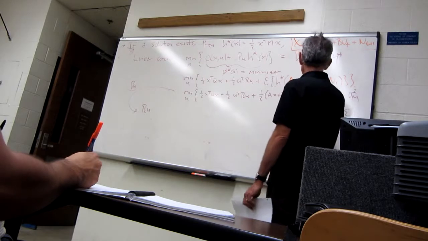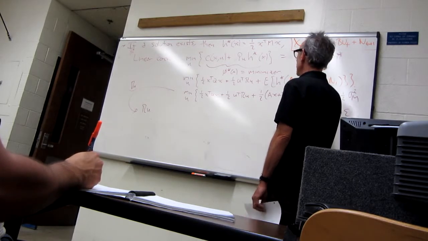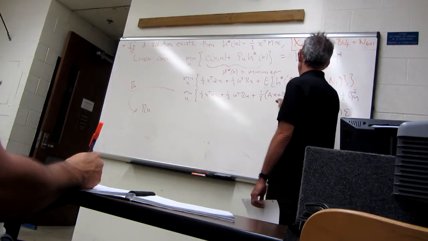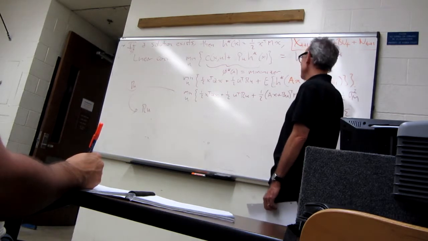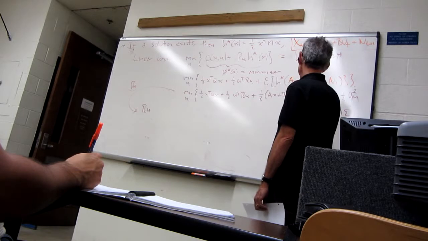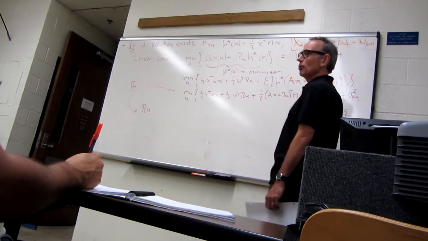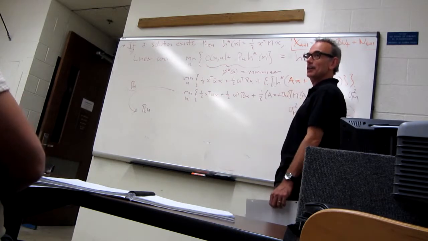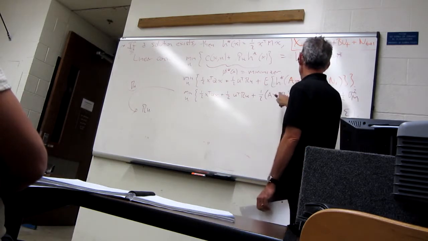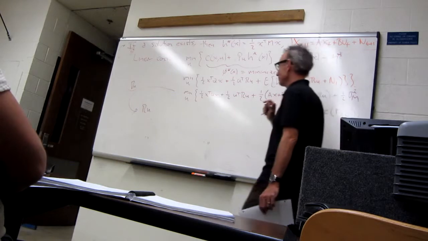And what happens if I take the gradient of this? I'll get this times m times b, I guess. It's the product rule. I have a u here and a u here. I take the gradient, I'll just get this times the gradient of this.